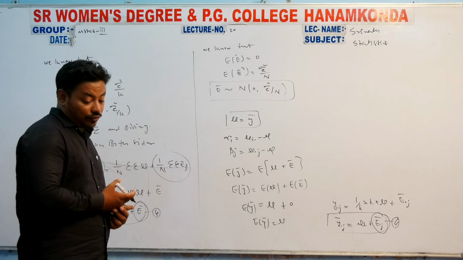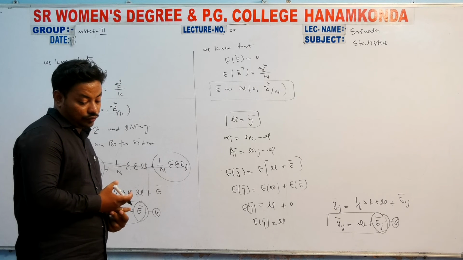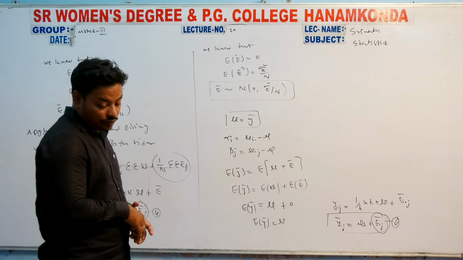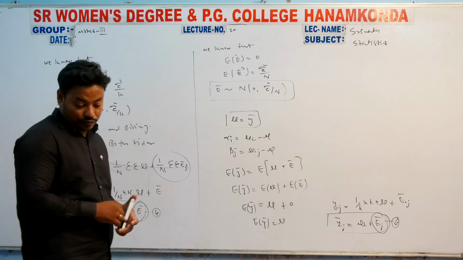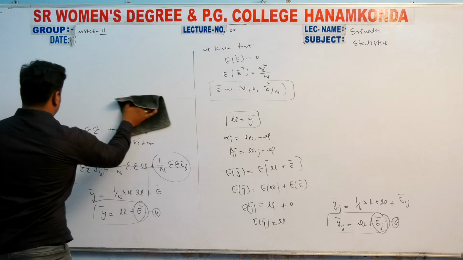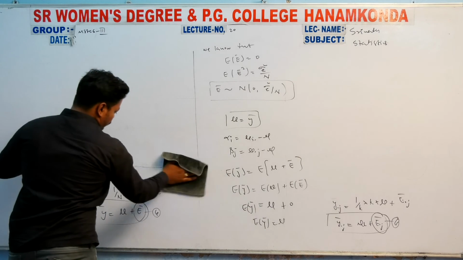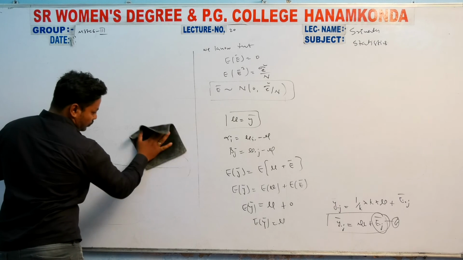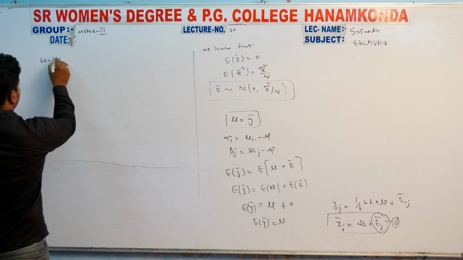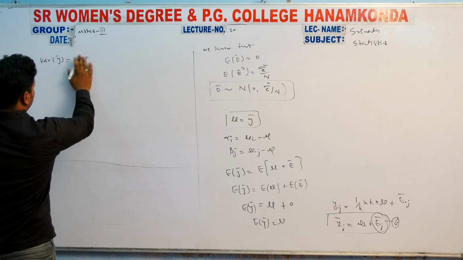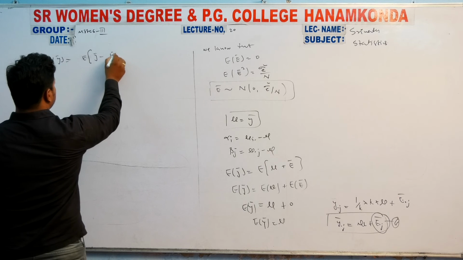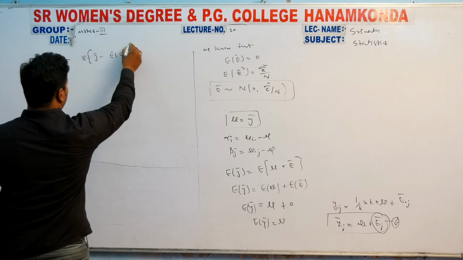And variance of y bar is equal to expectation of y bar minus expectation of y bar whole square.